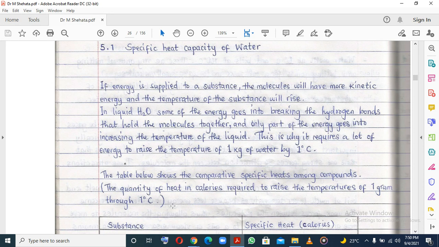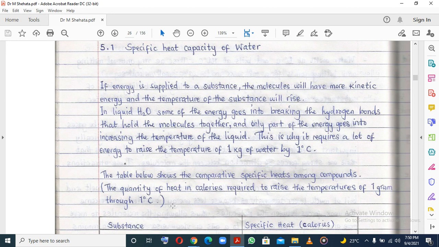But then not all the heat energy that you are supplying goes into increasing the kinetic energy of these molecules. And remember, for the temperature to rise, the kinetic energy of the molecules has to rise. But because water has hydrogen bonds between its molecules, part of the heat energy you are supplying has to go into the what? The breaking of the hydrogen bonds.